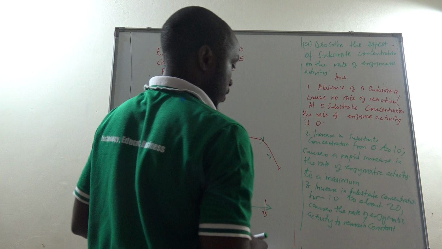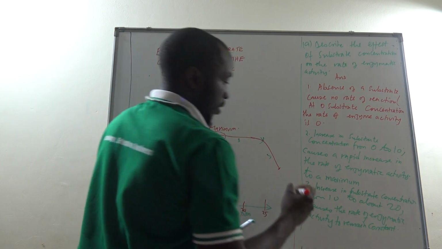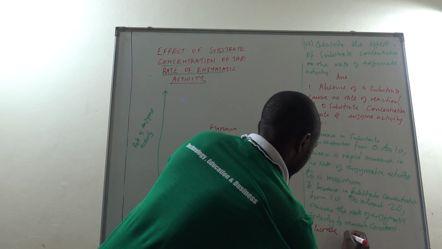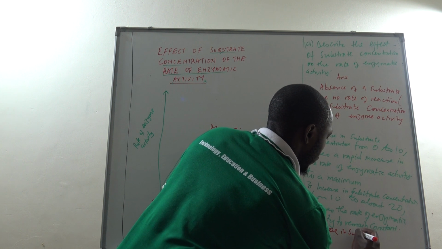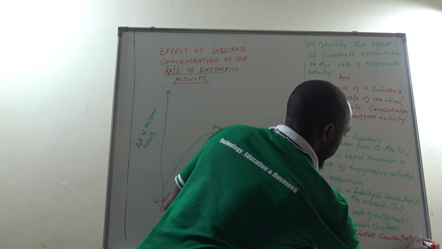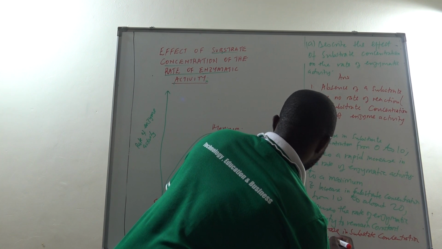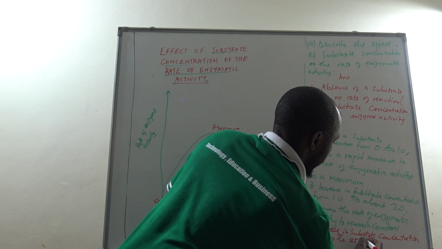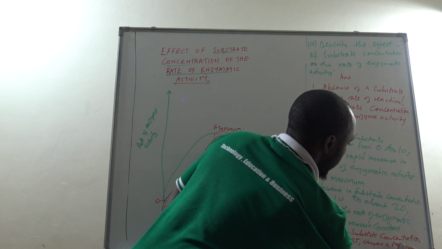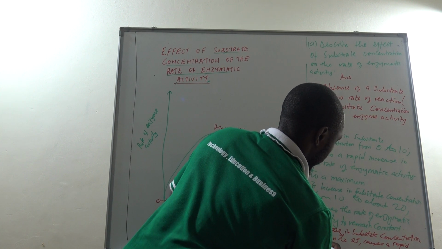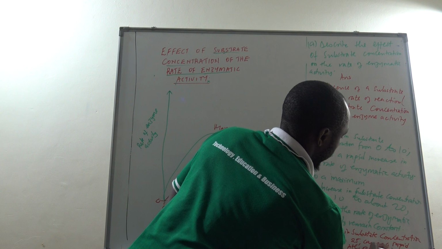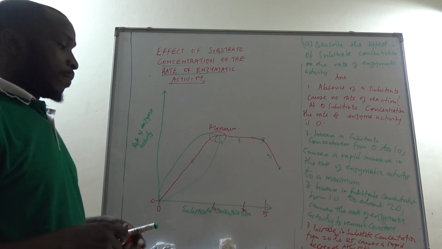We go to this 4th. What can we see? Increase in substrate concentration from 20 to 25 causes a rapid decrease in the rate of enzyme activity.